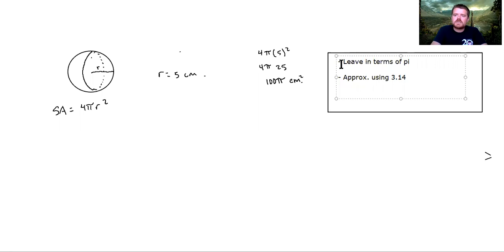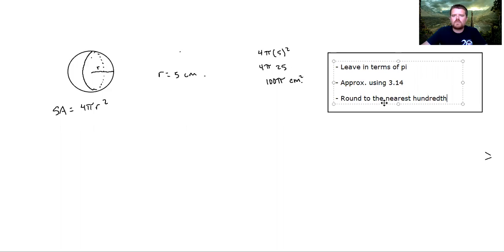Or if it doesn't specify either of those, you need to use the pi key, and then it'll say something like round to the nearest hundredth. On the state test, this is very critical that you're paying attention to the directions, because if you did this work, but you didn't do the one of these 3 that they want you to do, then the computer is going to automatically mark it as wrong. So you want to make sure you're paying attention to that.